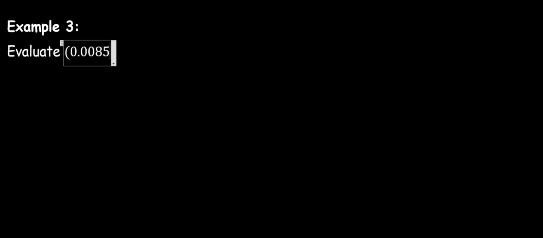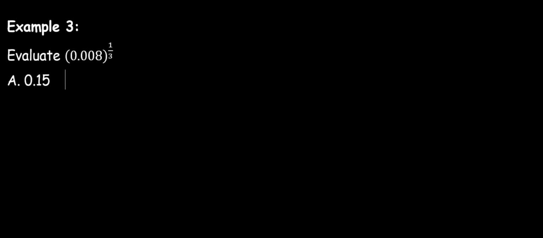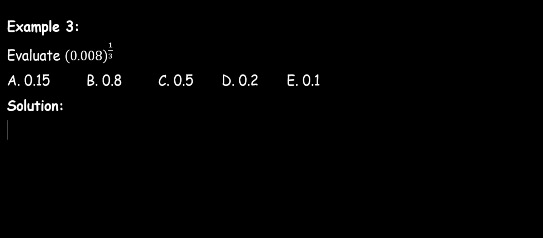Another example. Evaluate (0.008) raised to power 1/3. The options are given: A, 0.15, B, 0.8, C, 0.5, D, 0.2, E, 0.1. Solution. We can express 0.008 raised to power 1/3 to be the same as 8 over 1000 raised to power 1/3.